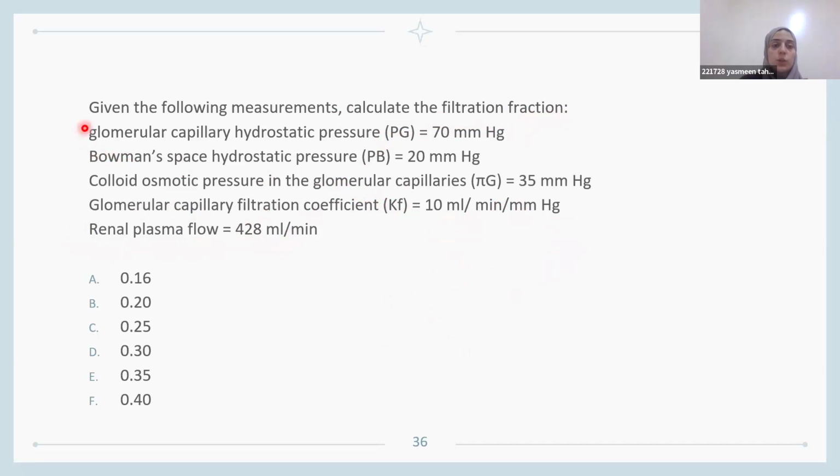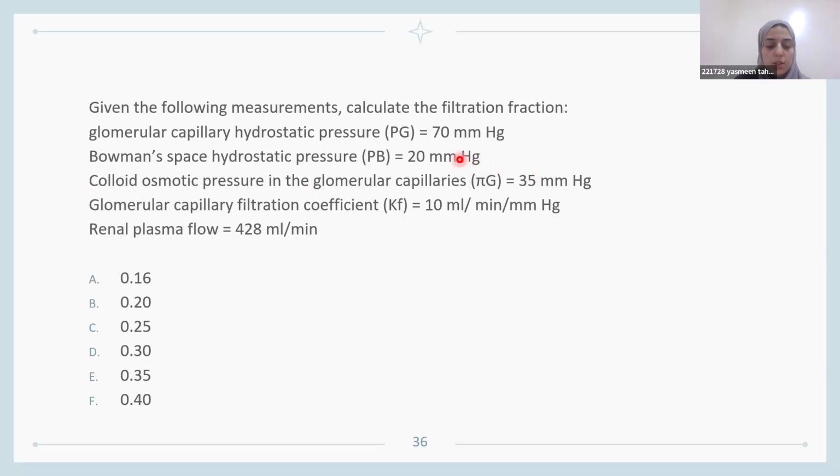So in this question, we don't have the GFR, but they gave us all of the variables we need to calculate the GFR, and we can easily calculate it. So it's the hydrostatic pressure minus the Bowman space hydrostatic pressure minus the oncotic pressure of the glomerular capillaries. So 70 minus 20 minus 35 is going to give us the net filtration pressure.